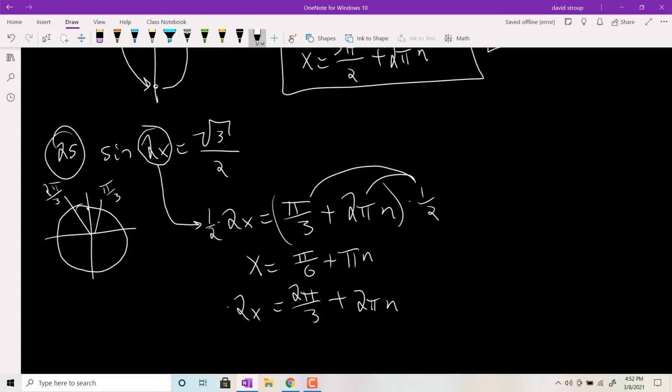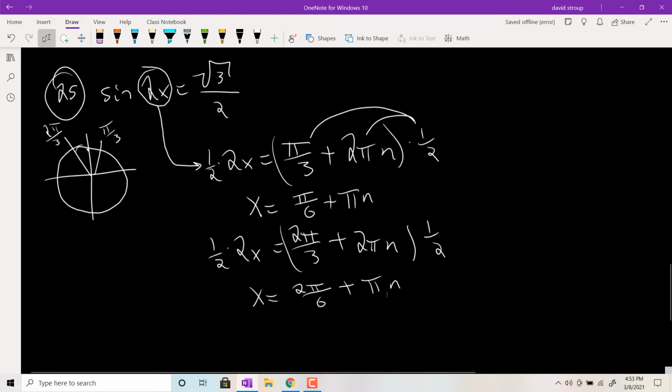And then you do the same thing to the second equation. You multiply both sides by 1/2, and you get x equals 2 pi over 6 plus pi n. Of course, 2 pi over 6 is just pi over 3, so maybe we should just write pi over 3.